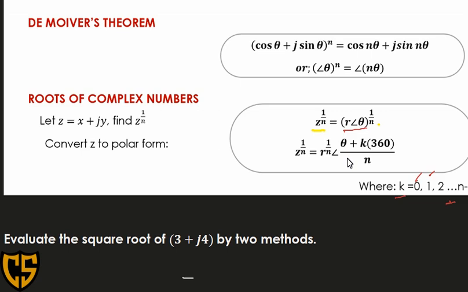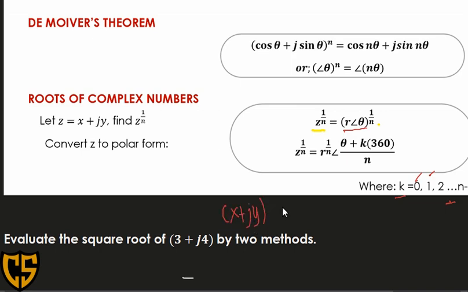However, we also have another form of complex numbers, such as the rectangular form. If your complex number is expressed in rectangular form, you need to handle it differently. For example, you have a complex number in the form x plus jy.